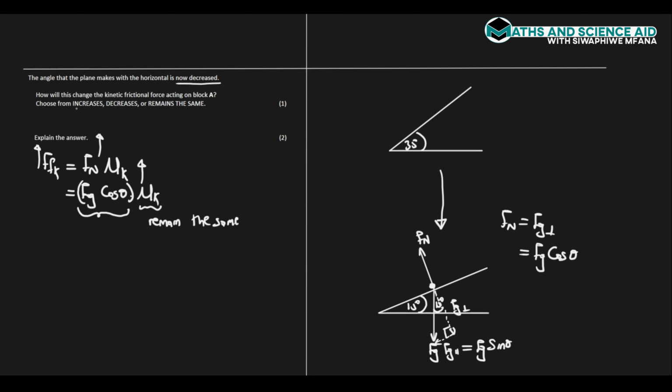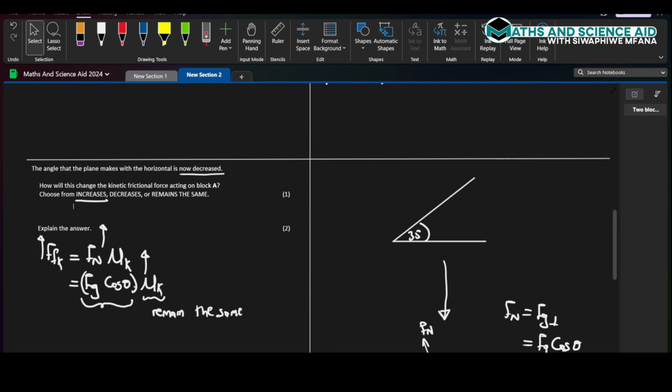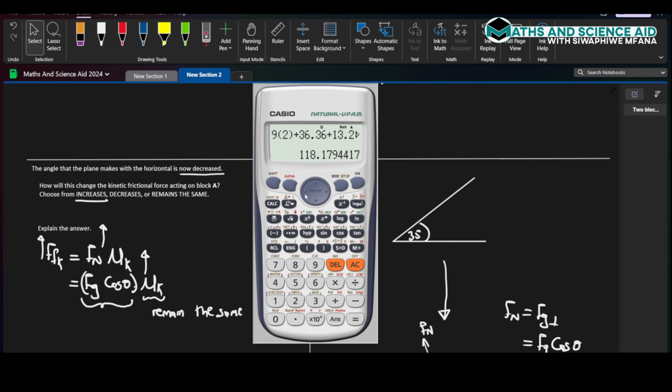So the answer here is that this will cause the kinetic frictional force to increase. So that's the answer to this question. And if you are not convinced that the value of cosine theta increases when the angle decreases, I can show you this in a calculator.